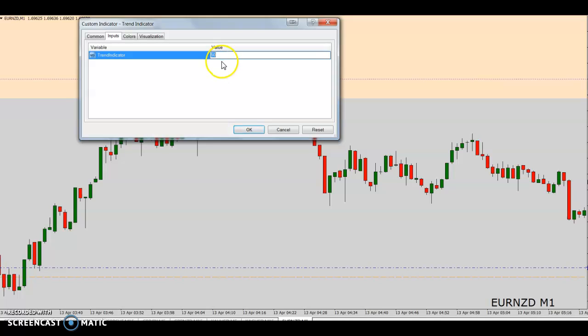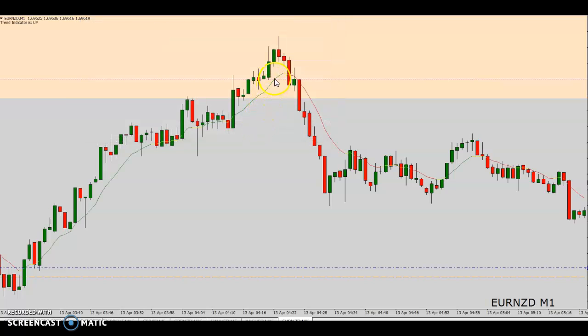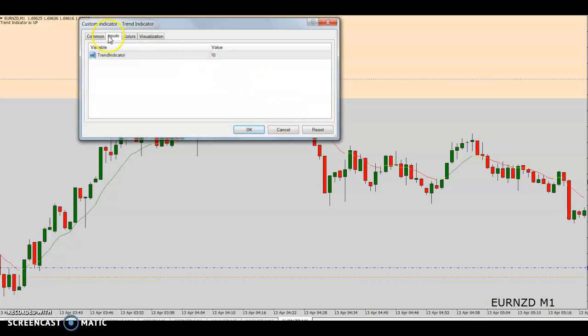There. Now I can change it. So let's see what the 10 EMA line looks like right here. Let's make that a little thicker so we can see it better.